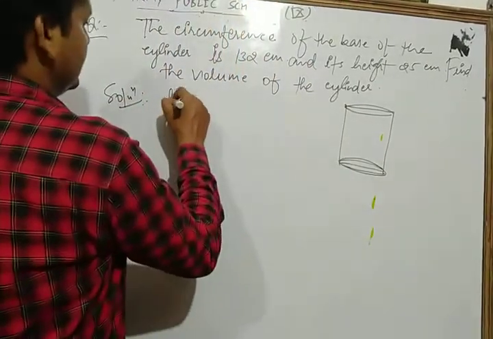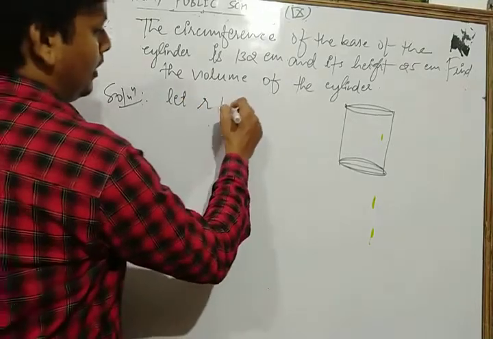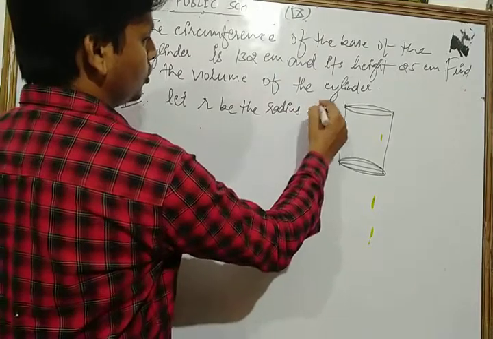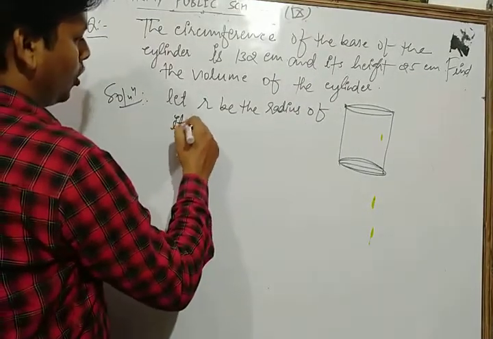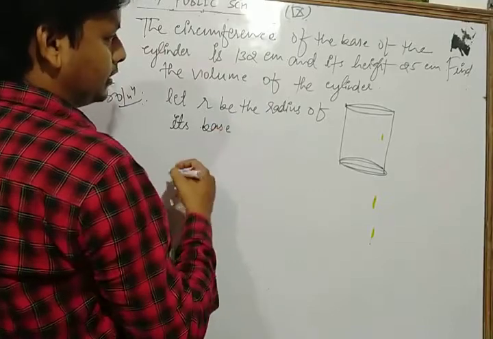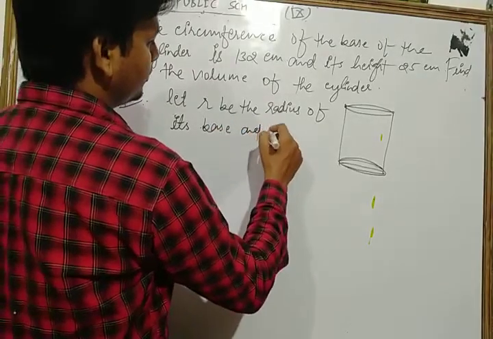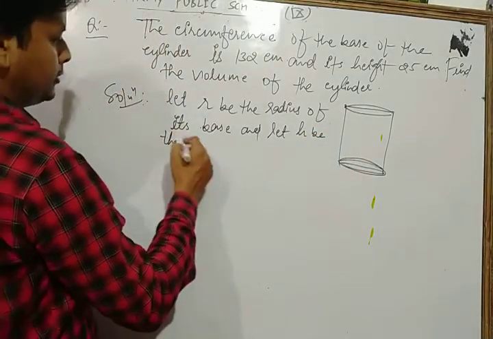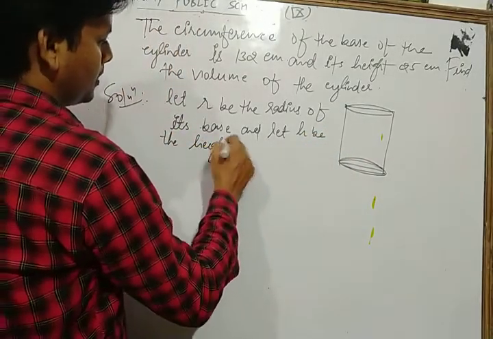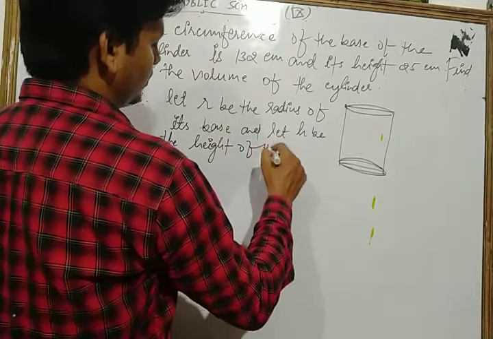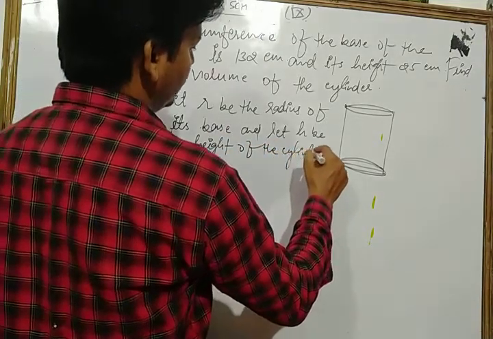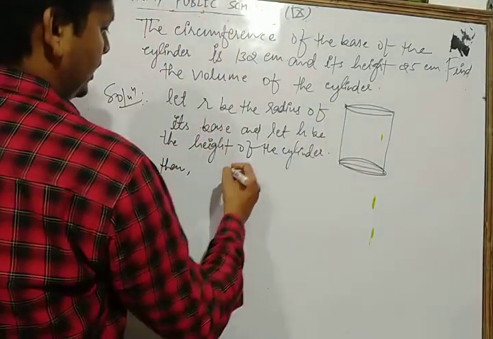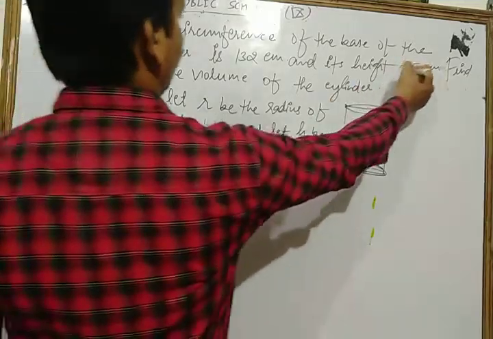Suppose let r be the radius of its base, and let h be the height of the cylinder. Then h is given as 25 centimeter.